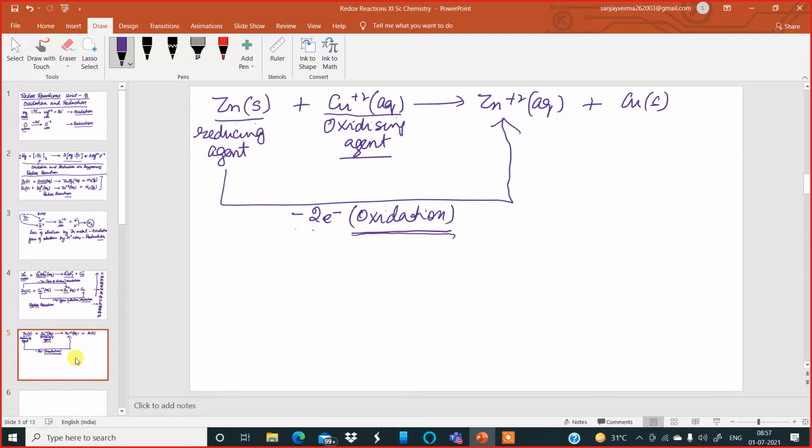But this zinc is the reducing agent, because it is giving electrons to somebody who is getting reduced. Similarly, the copper ion is the oxidizing agent, but it is receiving two electrons, and the process, when it is receiving electrons, is reduction, while itself it is the oxidizing agent.